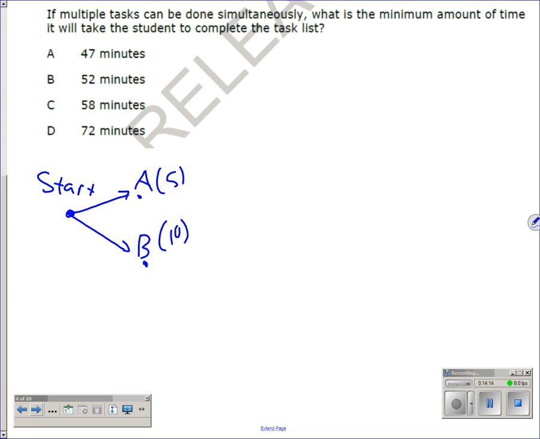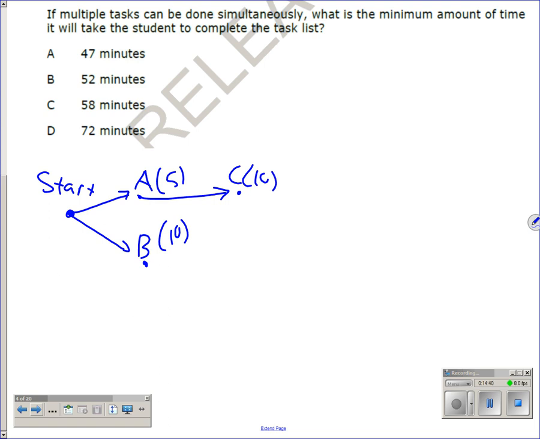My suggestion is if you're given a task list, work your way down the list. We've done A and B, they're both ready. Look at C next. Is C ready to go? Yeah, absolutely. It needs A, so it's going to be branching off from A. C has a processing time of 10.